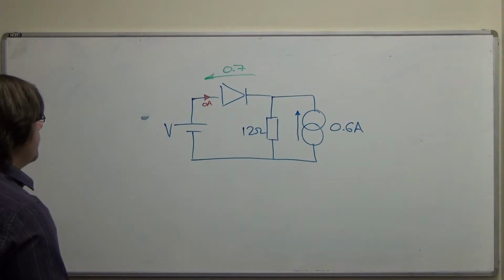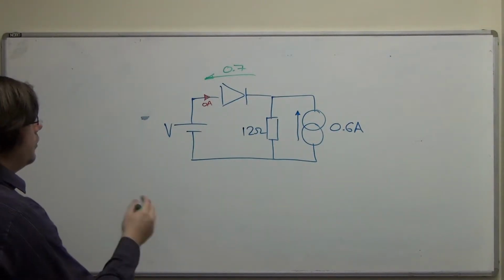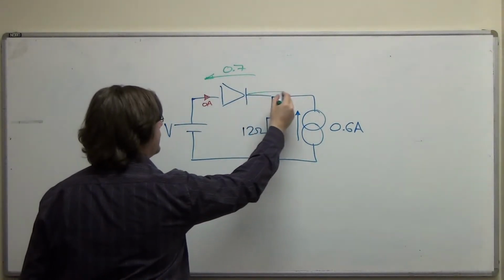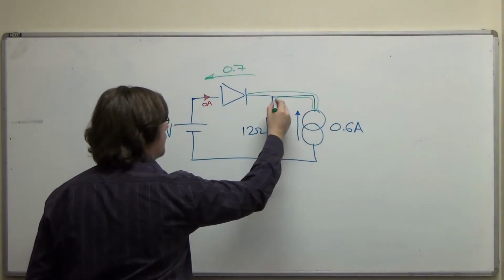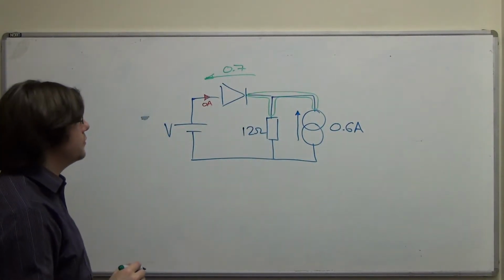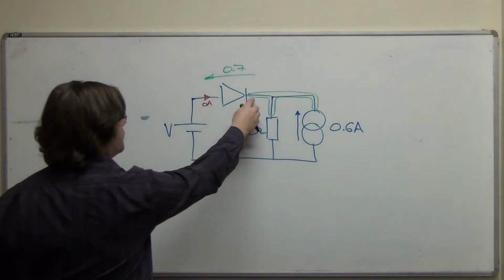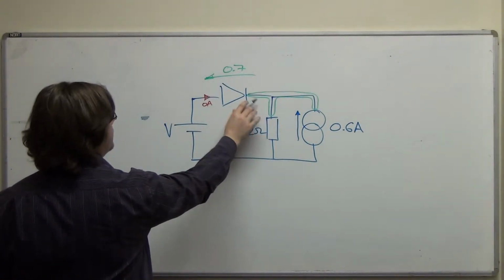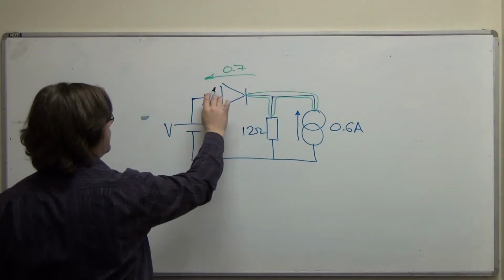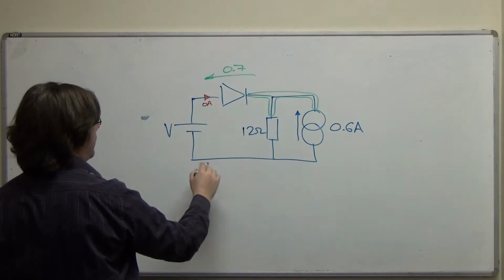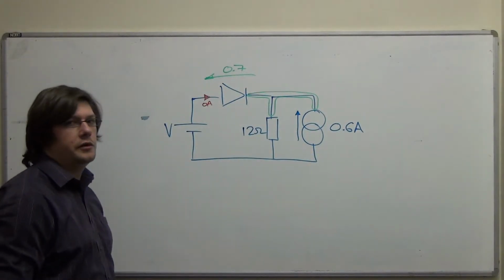Alright, so, well, we can work out what the voltage on this node here is. That's the first thing we've got to do, because we need to know what voltage the cathode is at. Because once we've got the cathode voltage, we'll add 0.7 volts to it, and that will give us the anode voltage, and the anode voltage with respect to ground is equal to V, and V is what we need to find.